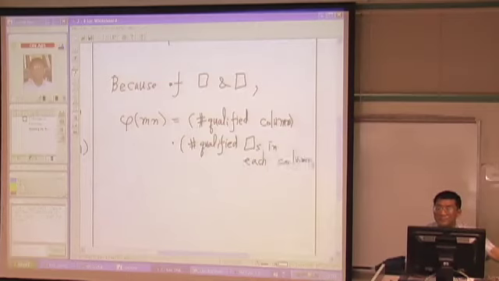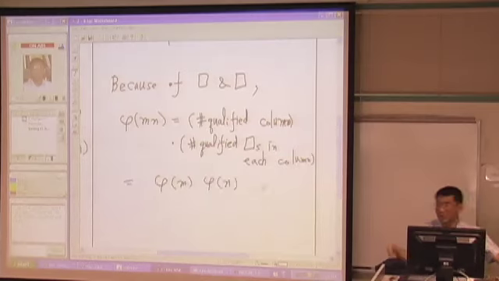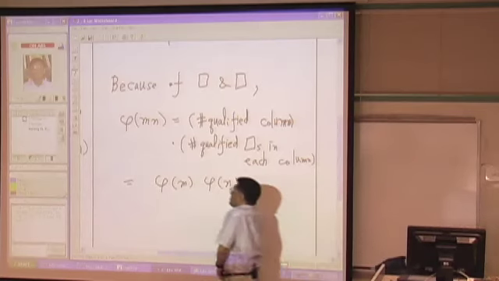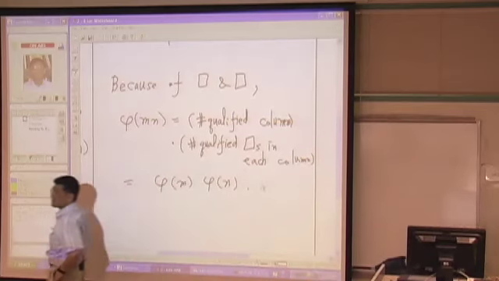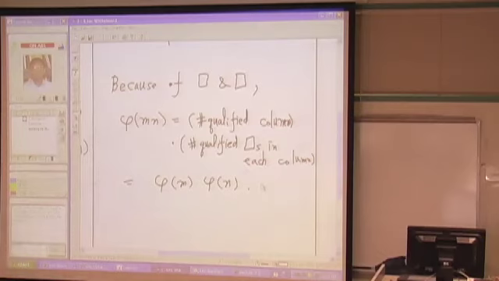And then this gives us phi of M and then phi of N. So I completely proved it. So mystery revealed, right? It's completely proved. Very brilliant proof developed.